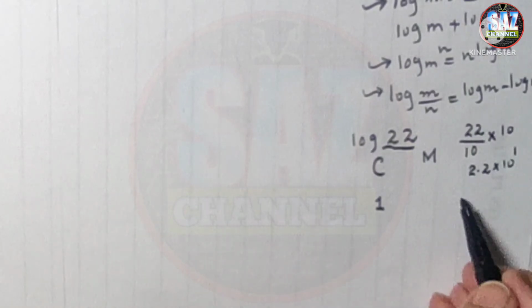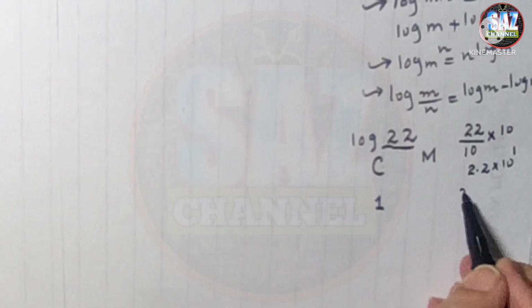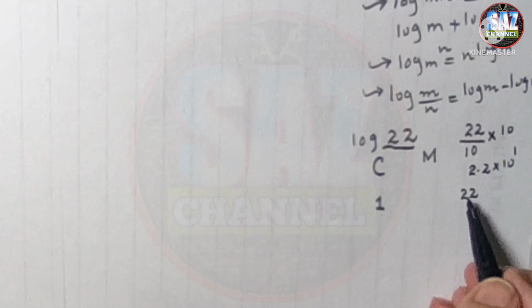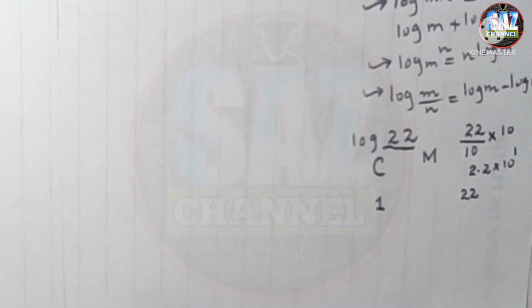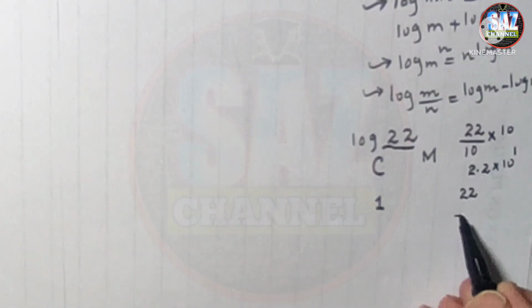And for the mantissa, students, we have to make 4 significant figures, and as the question gives us only 2 digits, I have to locate 22 in the column of 0. When I check 22 in the column 0, I get 3424.